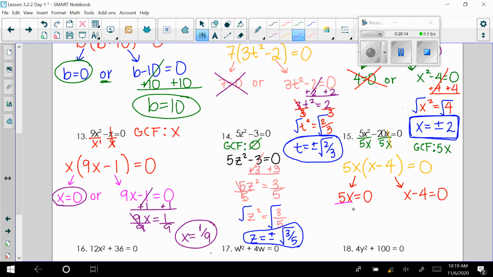So divide both sides by 5 for this one, and we get x equals 0. So that's one of our answers. Or, for this one, we can add 4 to both sides, and we get x equals 4. So those are your two answers, x equals 0 or x equals 4.